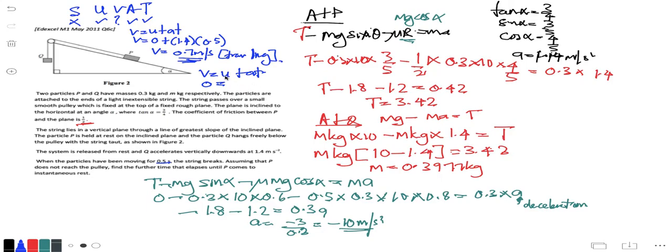So u for the second stage is the v from the first stage. So 0 equals 0.7 plus (negative 10) times t. From there 10t equals 0.7, so t equals 0.07 seconds. So the particle travels and stops 0.07 seconds after the string snaps.